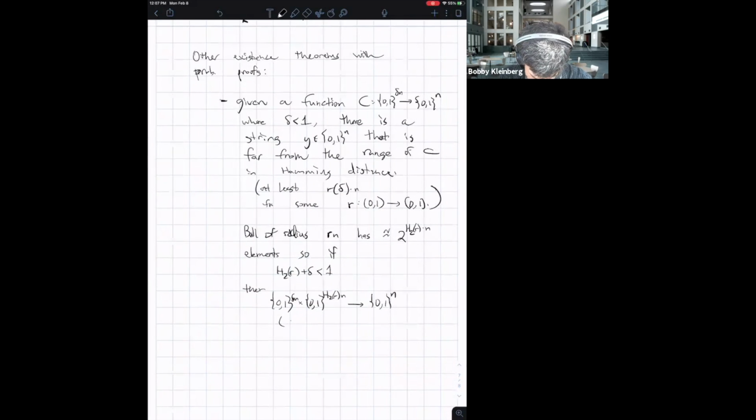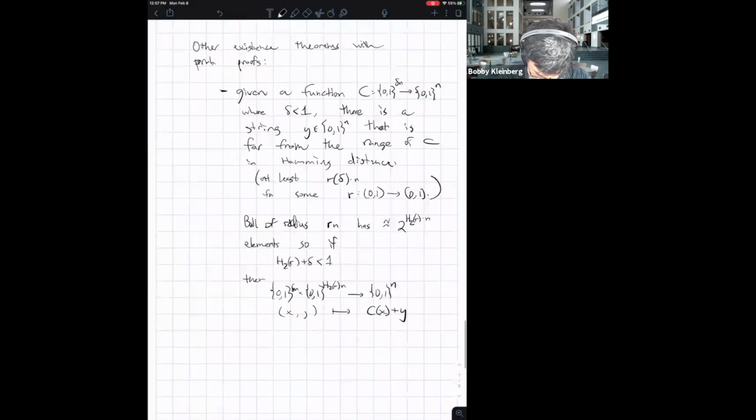This is x comma y maps to the encoding of x plus y. Sorry, actually, y should take values in the Hamming ball of radius Rn.